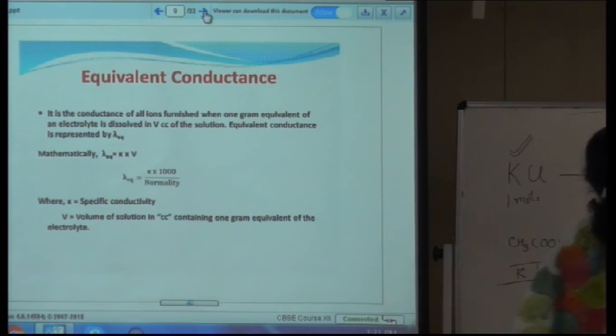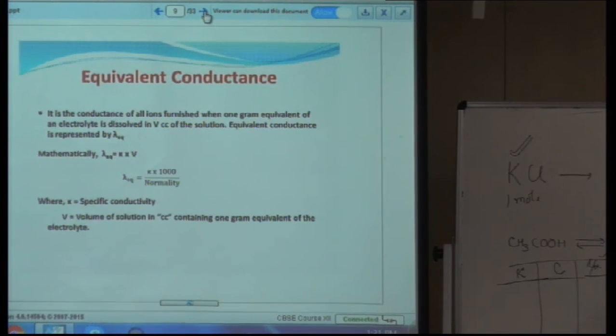Suppose there is a cube, sorry, see 1 cc is its volume. You've taken 1 cc of solution here. Dimensions of this cube are 1, 1, 1, and you are not bothered about the amount of electrolyte that you have put into this container. So only if the dimensions are 1 cc you will call it specific conductance. The conductance offered by this solution is known as specific conductance.